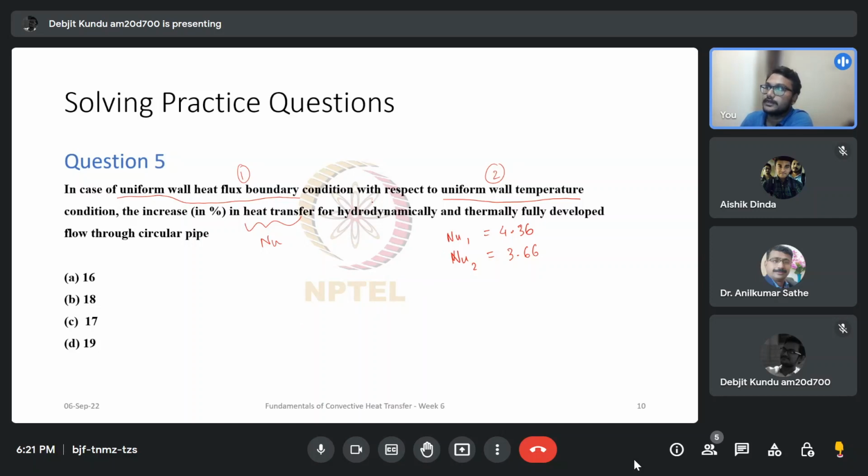And remember, it said that with respect to uniform wall temperature. So you have to consider that from uniform wall temperature to uniform heat flux, what would be the percentage change?